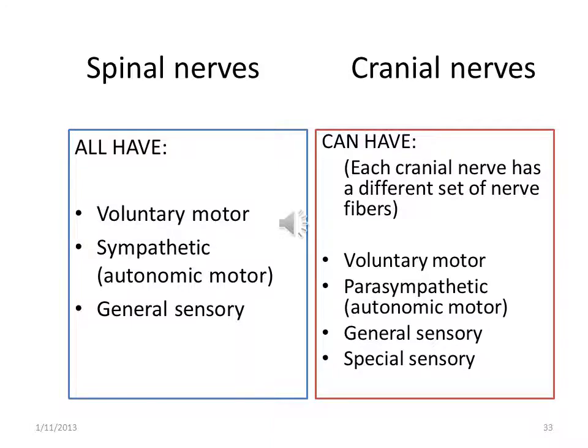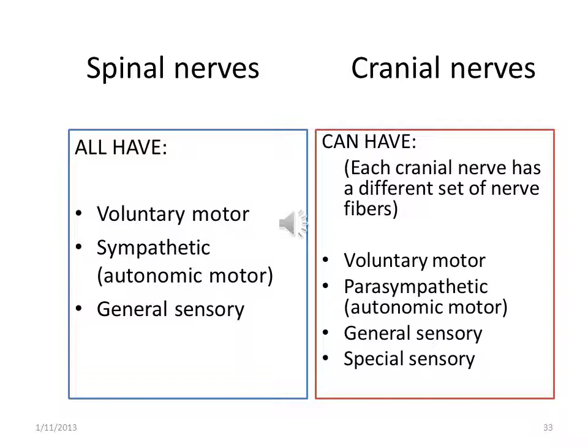So here I'm comparing spinal nerves to cranial nerves, all of which form part of the peripheral nervous system. As you know, all spinal nerves have voluntary motor neurons to skeletal muscle, sympathetic neurons to smooth or cardiac muscle, and sensory neurons that bring in sensation from the skin, from muscles, and joints. Cranial nerves are all different. Each one has to be learned individually.